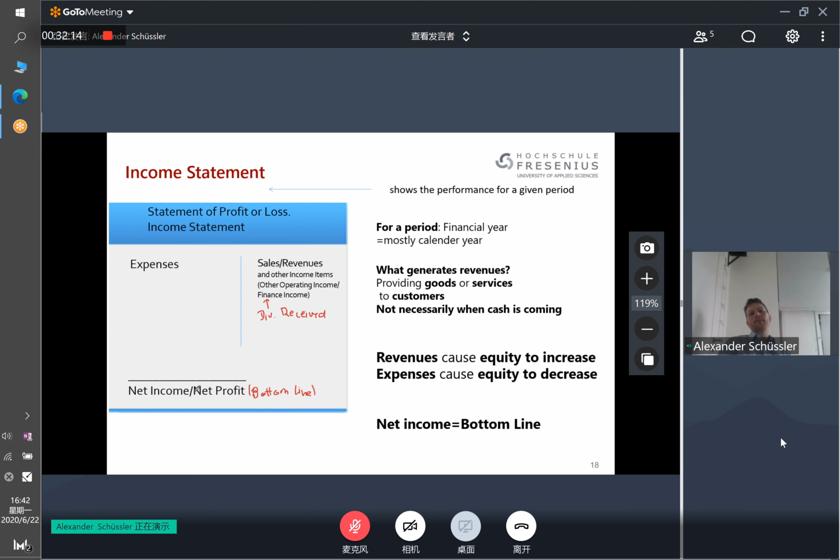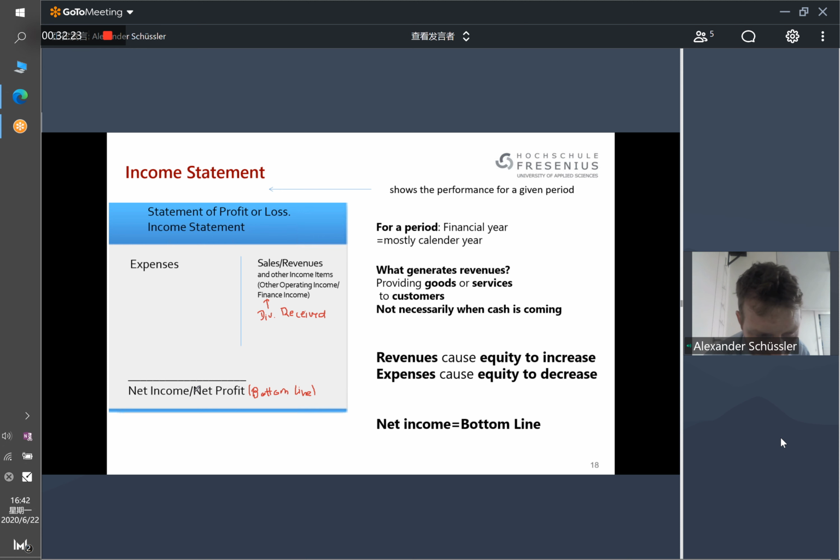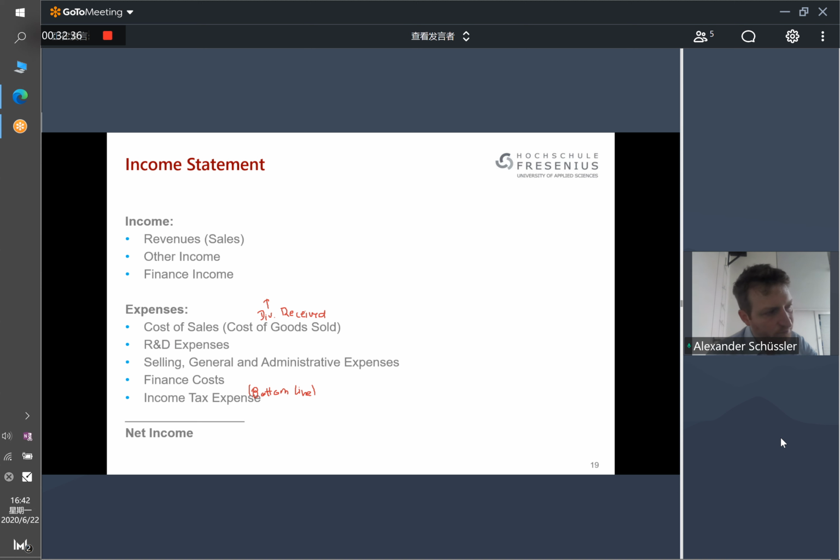You do not read "at 31st of December", because it is not at a point in time. It's for a period. This is how the income statement looks in more detail.